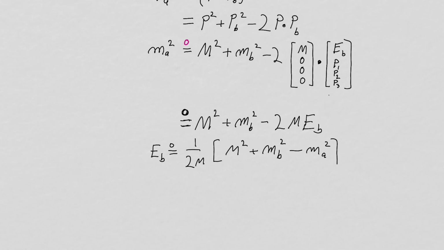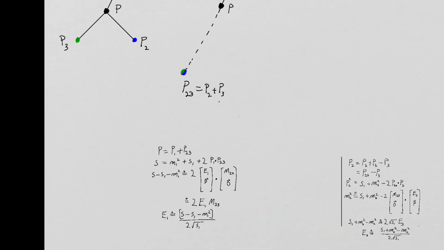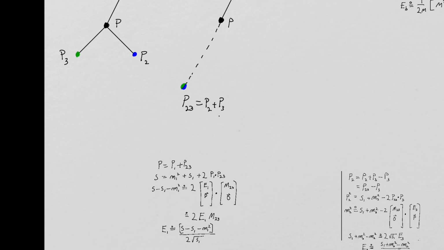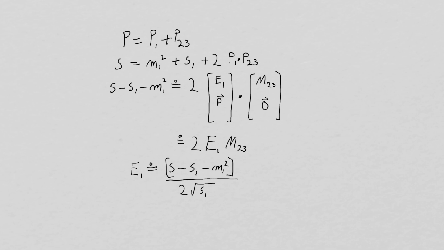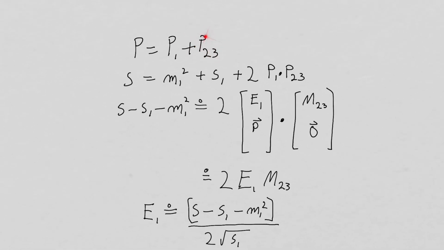But in our 3-body condition, we're actually going to do a very similar process. In our 3-body circumstance, we're now going to use our subsystem momentum, right? So we have P is P1 plus the subsystem momentum P2,3.